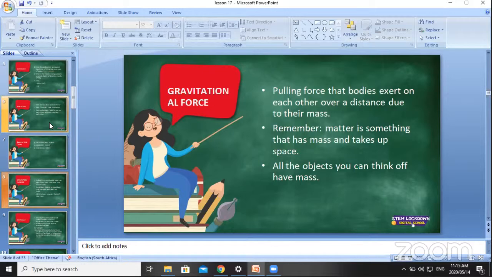All the objects you can think of have mass, so they take up space, so they are matter.